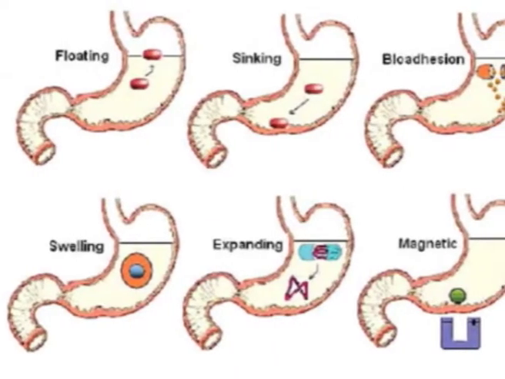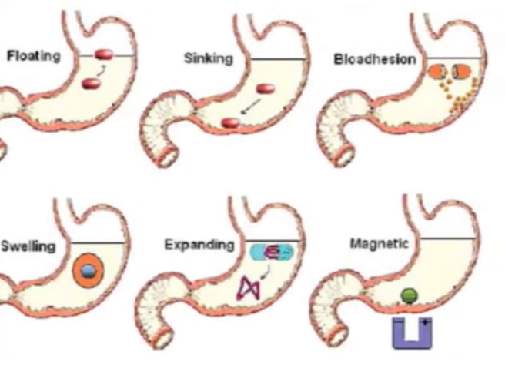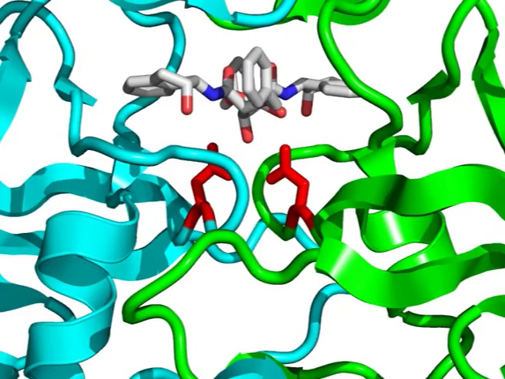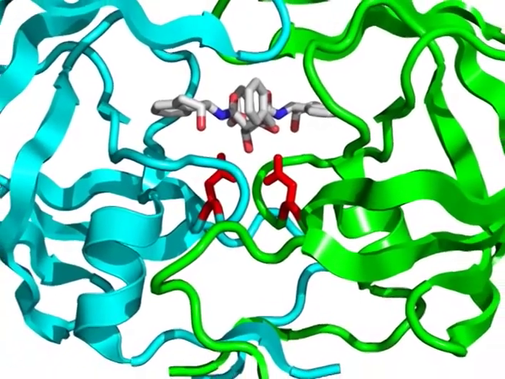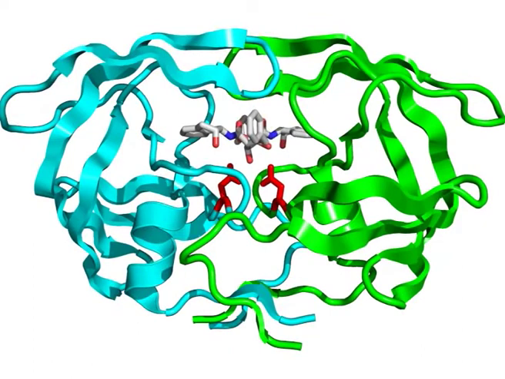It is possible to bypass the first pass effect and also avoid pre-systemic elimination within the gastrointestinal tract, that is GIT. Inclusion of penetration enhancers such as sodium glycocholate, sodium taurocholate and protease inhibitors in the dosage form may result in better absorption of peptides and proteins.